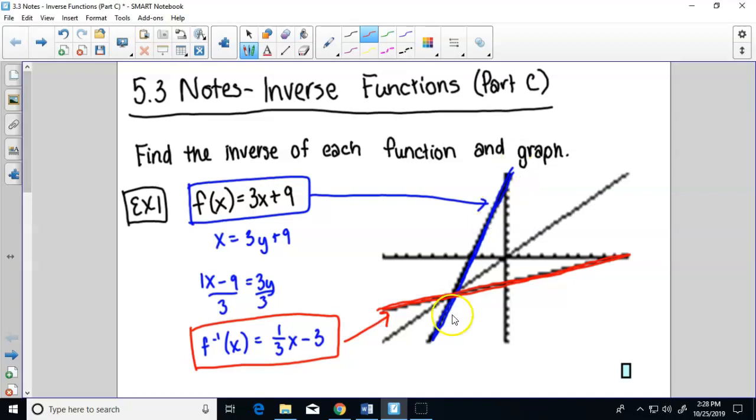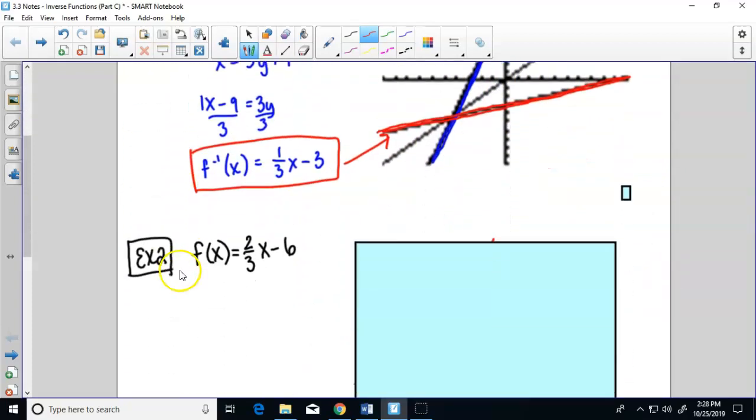You can see that they cross at a central point right here on the line y equals x. Both are increasing, but they're at different steepnesses. So let's do another one.